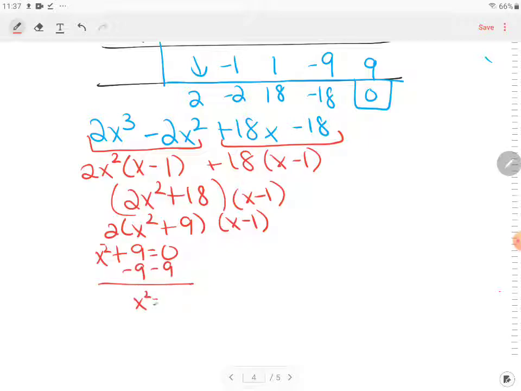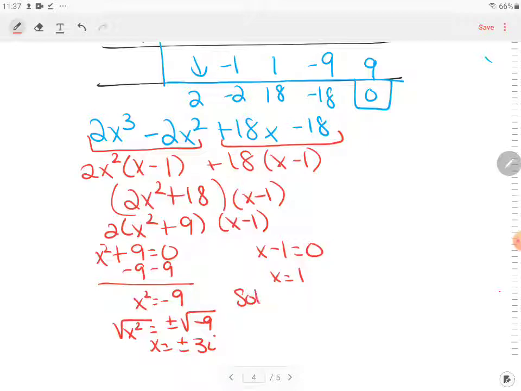X squared equals negative 9. Square root both sides. X equals plus or minus 3i. X minus 1 equals 0. X equals 1. So your solutions are the negative 1/2 that's given, plus or minus 3i and 1.